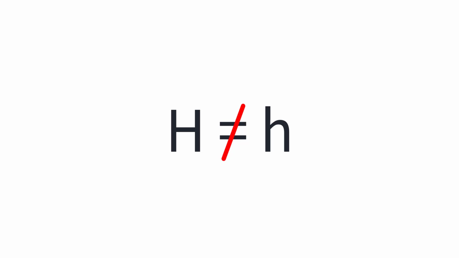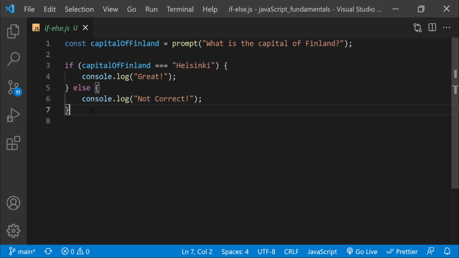Fortunately, we can get around that using a string method we learned about earlier. The toUpperCase method takes a string and converts all of the letters to uppercase. So we can apply that method to what the user typed like this.